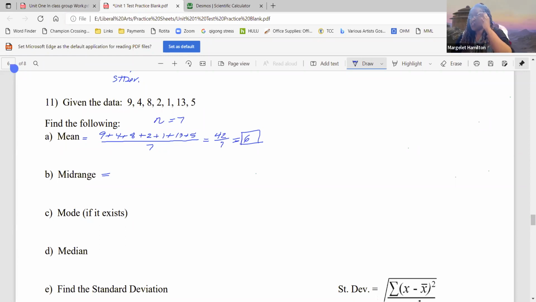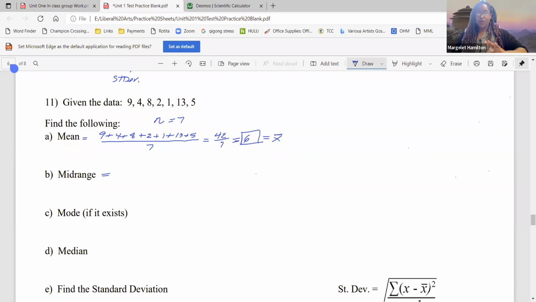Remember, your mean is your X bar. Okay, so this represents that letter right there, X bar. Okay, then the mid-range, how do we find a mid-range? You gotta put them out in order, right? Add the largest and smallest number and divide it by 2.